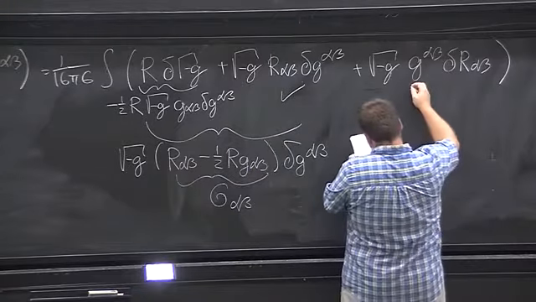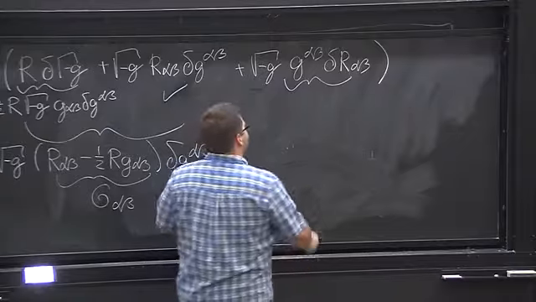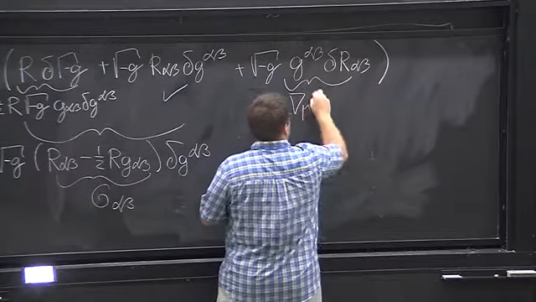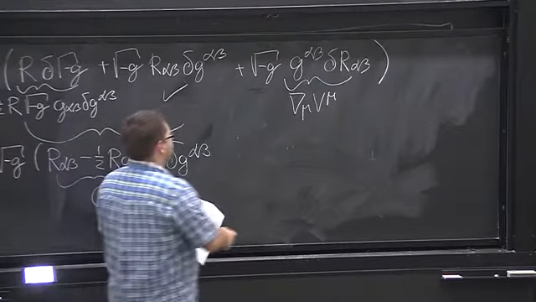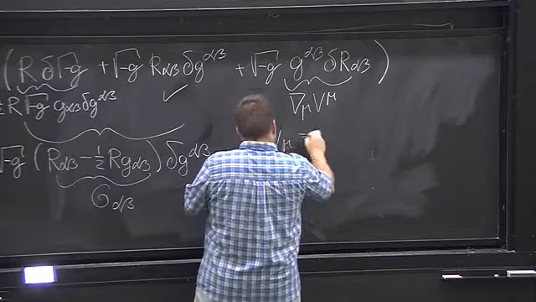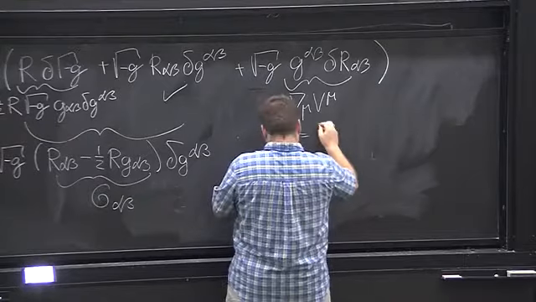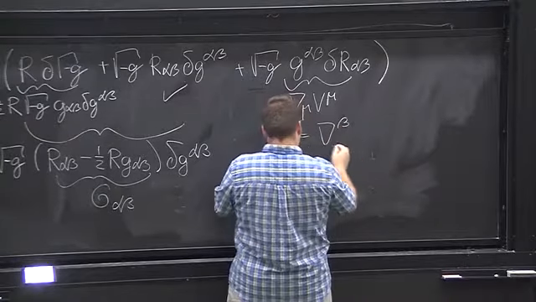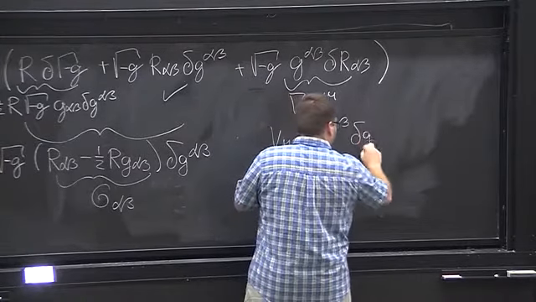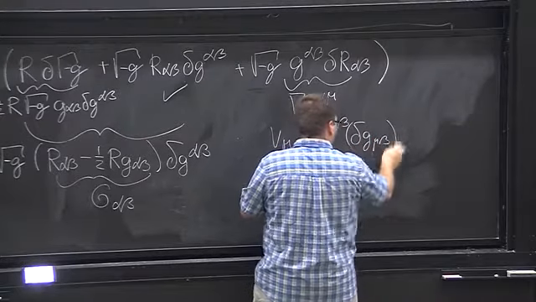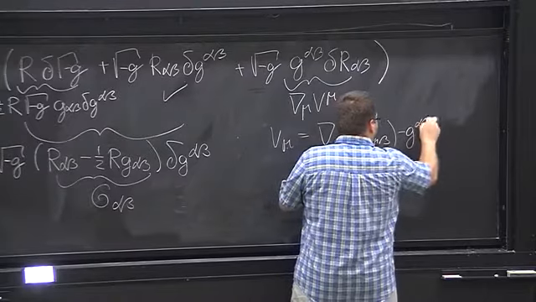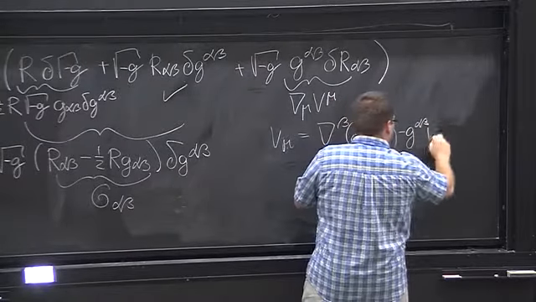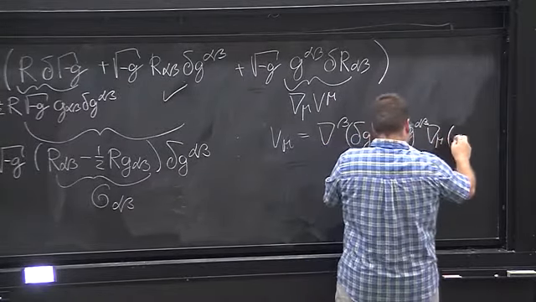But the statement is that g alpha beta delta R alpha beta is actually nothing else than a total derivative of some vector V mu. This vector V mu can be written as nabla beta delta g mu beta minus g alpha beta nabla mu delta g alpha beta.